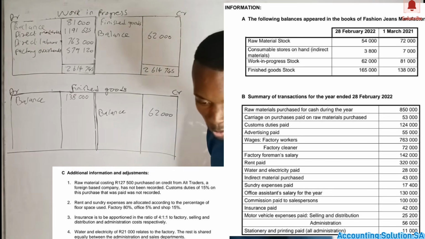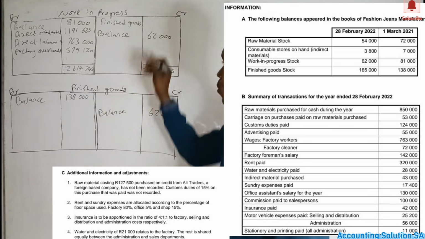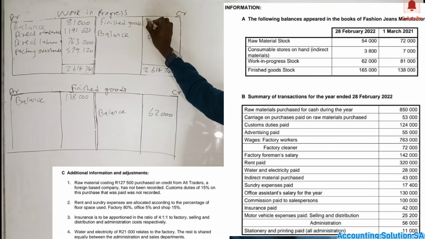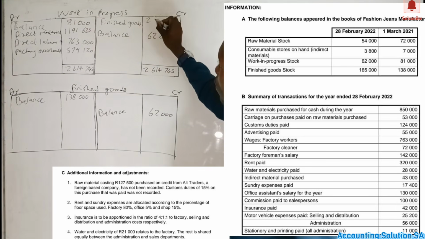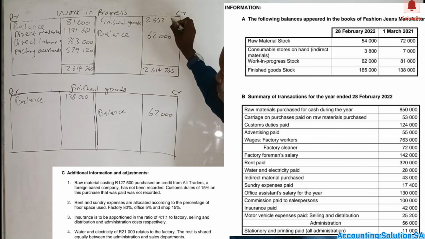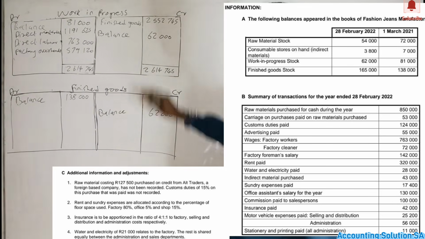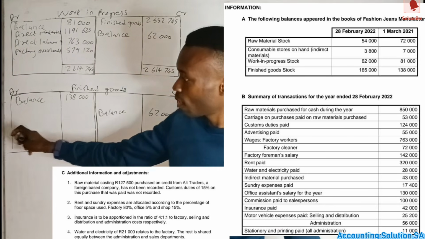Then it's gonna give you the amount that you're going to transfer under work in progress. Okay, so in this case, it's gonna be 2,552,745.